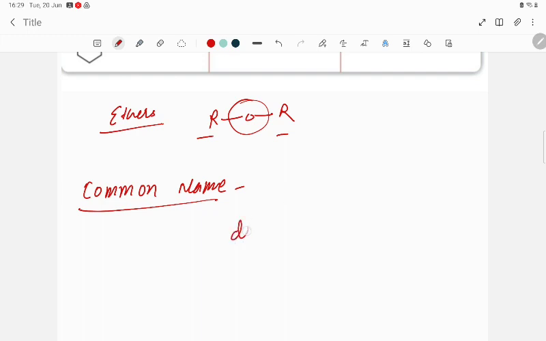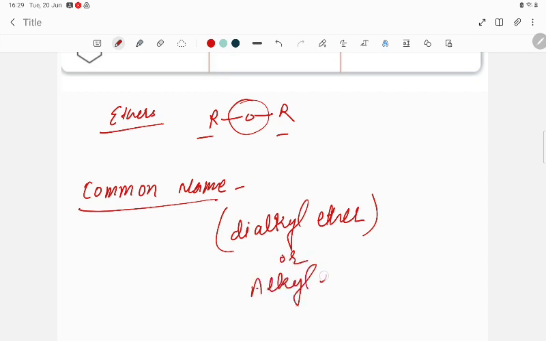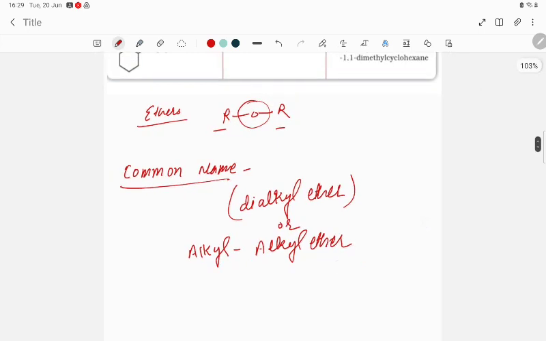The common name is dialkyl ether, or also you can write alkyl ether. Now these two alkyl groups, alkyl and alkyl, should be in alphabetical order.